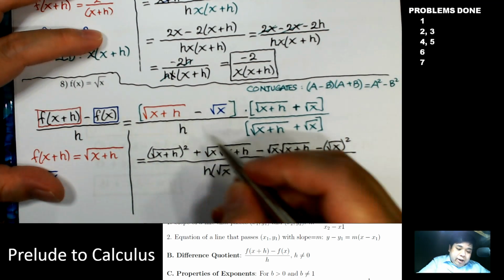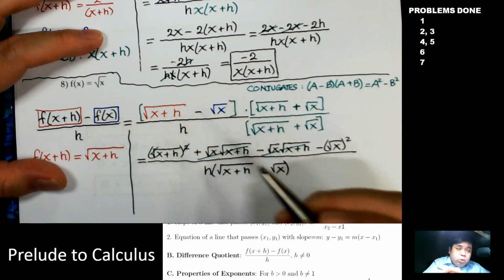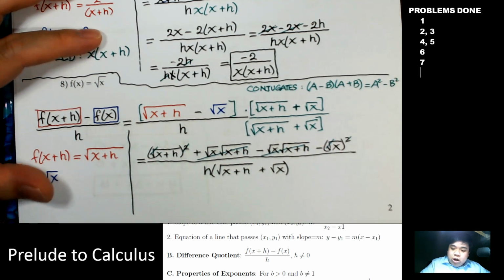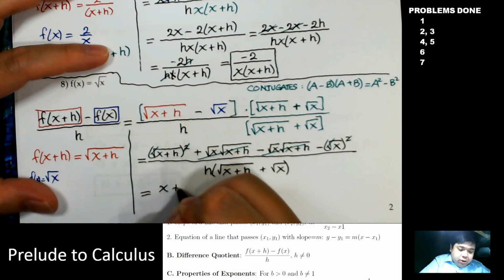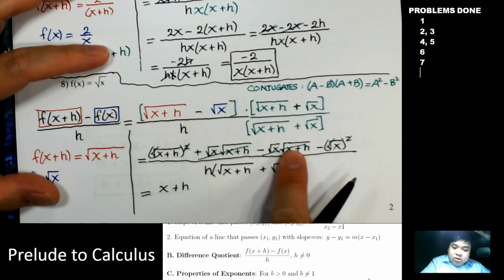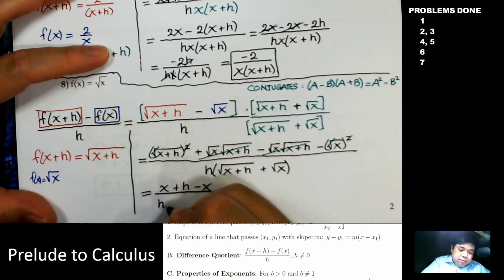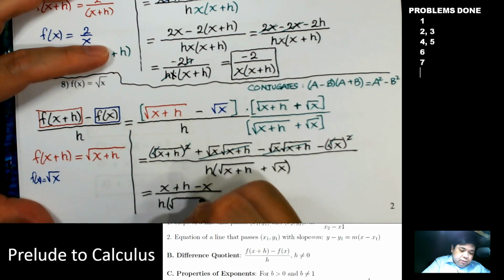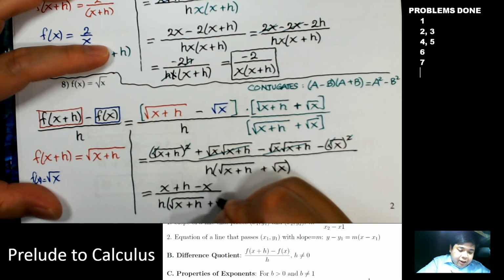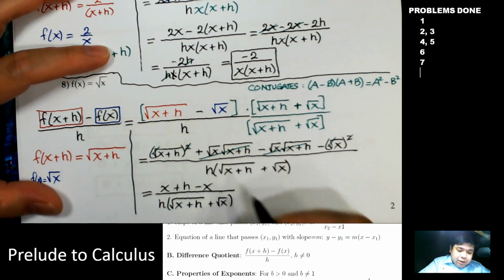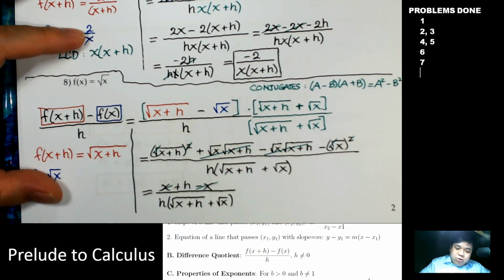Right. Now the middle terms are the same, we cancel. Square cancels with square root, square cancels with square root. So we have x plus h, cancel, minus x. The bottom is still the same. And as always, everything without an h got cancelled out.